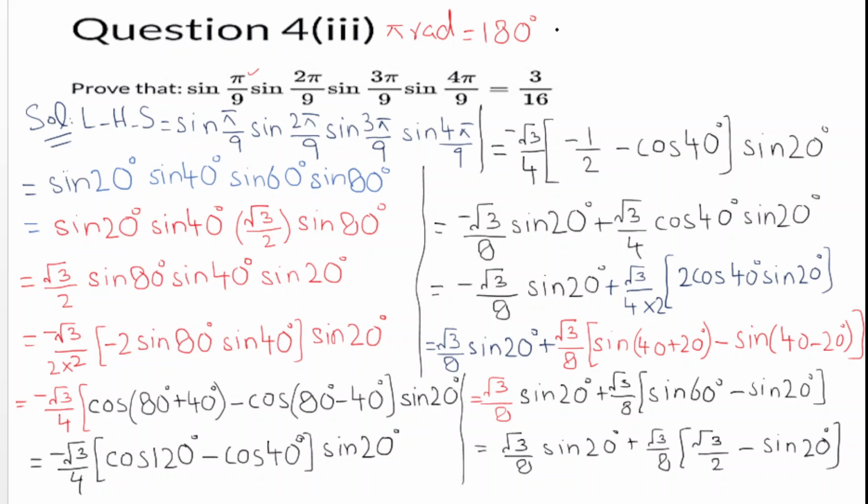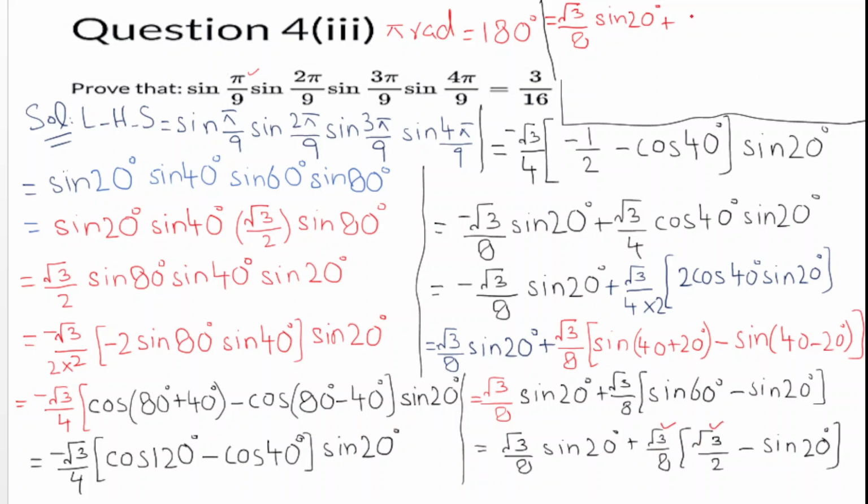The last two steps I will try to write here. Inshallah the last two steps will finish over there. But you will not write that in the exam. You can use the next page. So now let's write here square root 3 by 8 sine 20, and then after, what we need to do there, square root 3 by 8 multiply 1 by 1 here. When we multiply square root 3 with square root 3, you know, square root 3 whole square.